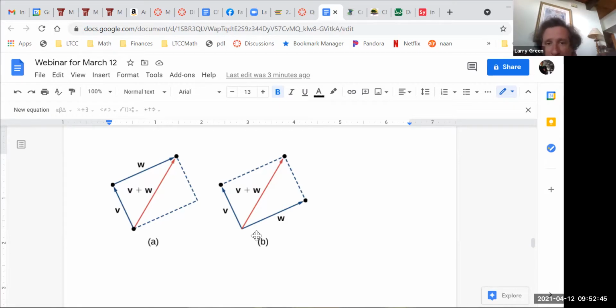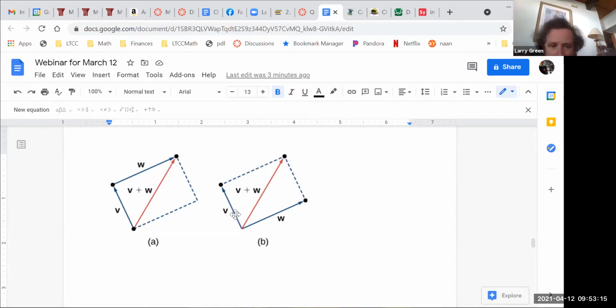Momentum can happen also. So let's say you have wind going in one direction and an engine that is targeted in another direction and you want to find out where you're going to end up. Well, what you do is add the vector for the wind plus the vector for the engine, and that will give you your force vector. And then you take that vector and that will tell you where we're going to end up because the force sends you in that direction.